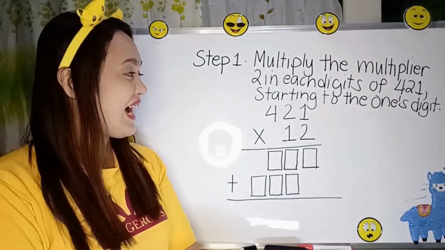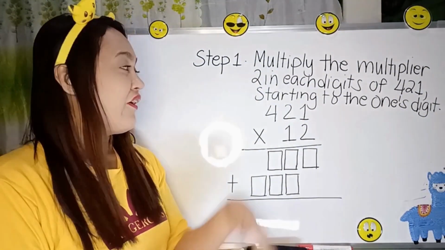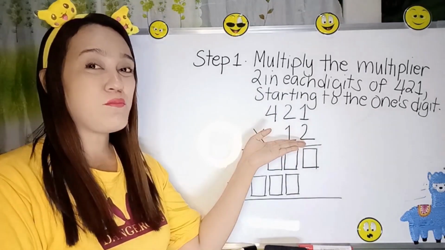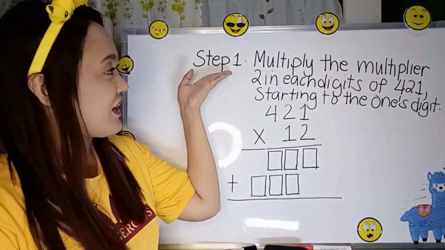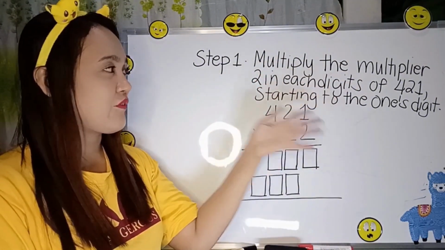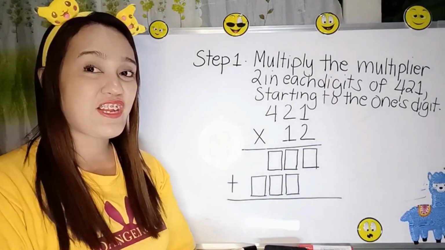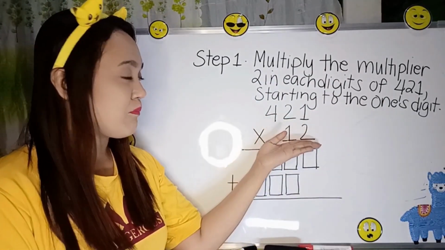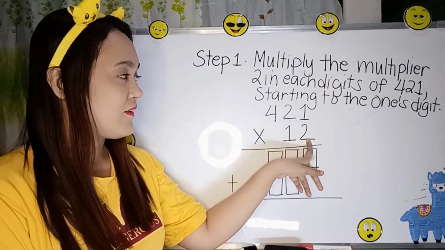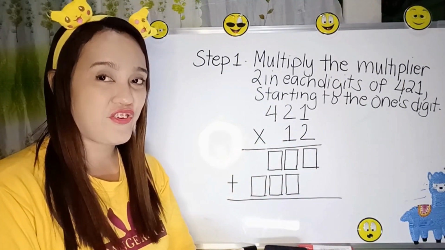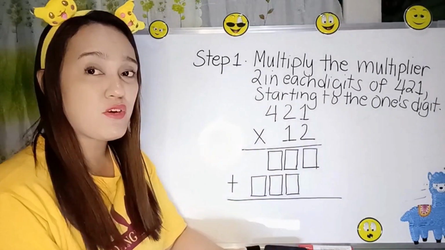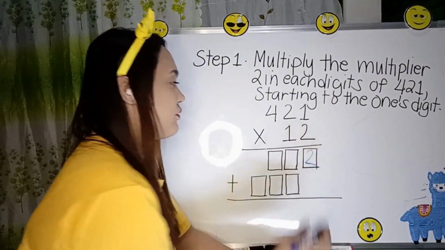Since our multiplier is 12, we're going to use 2 as the first multiplier. So, 2 times 1 is equal to 2.